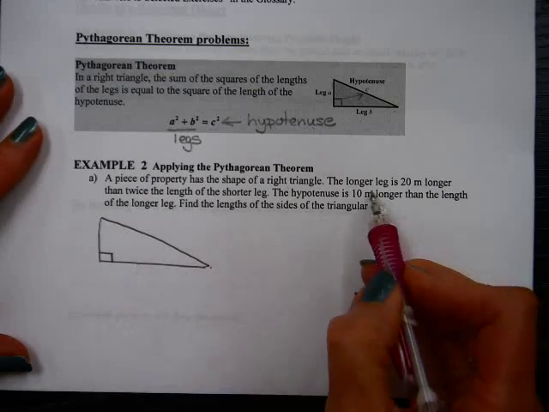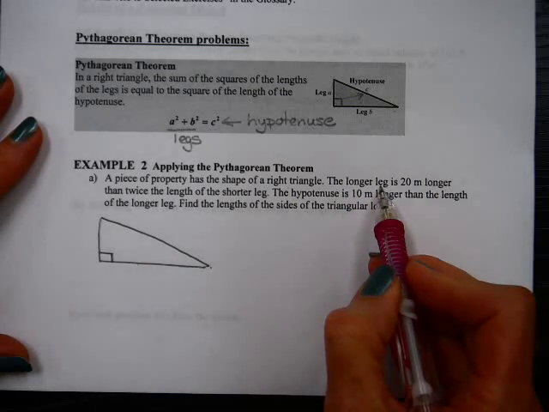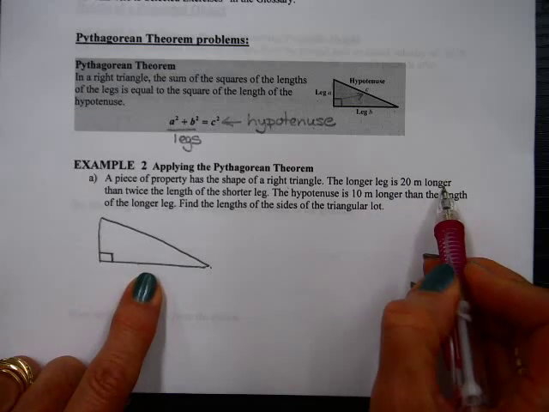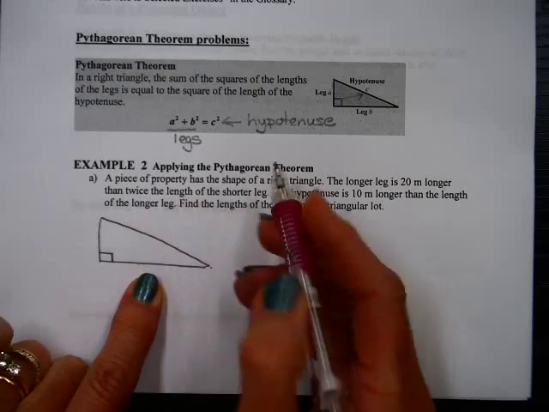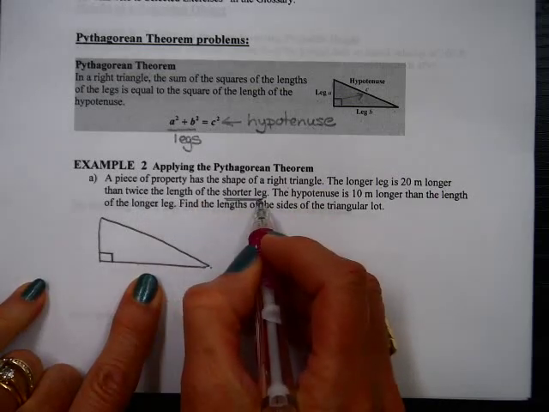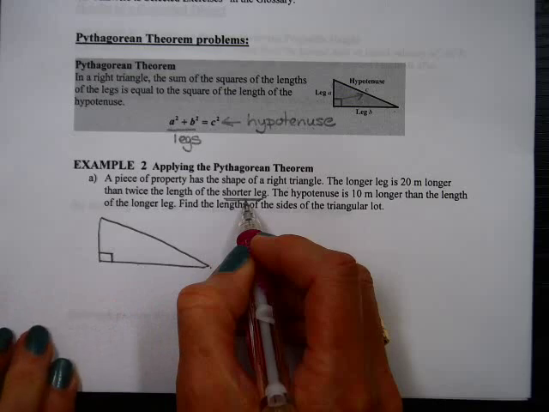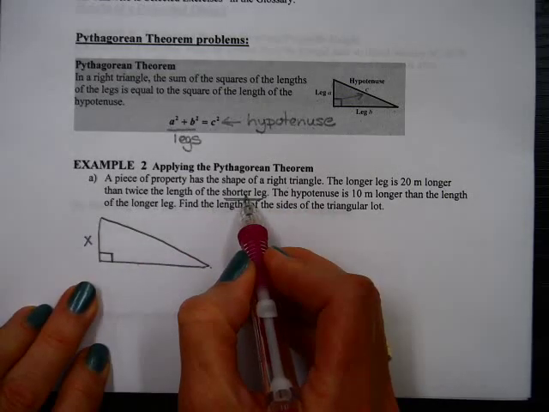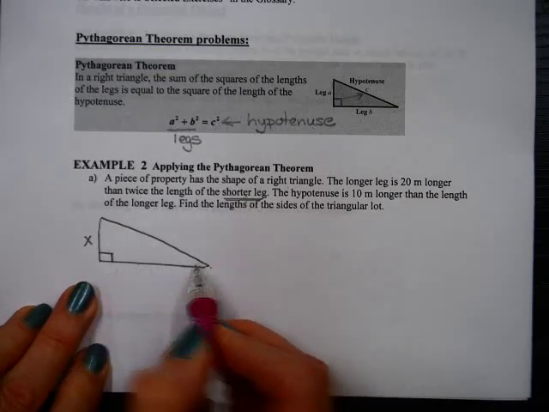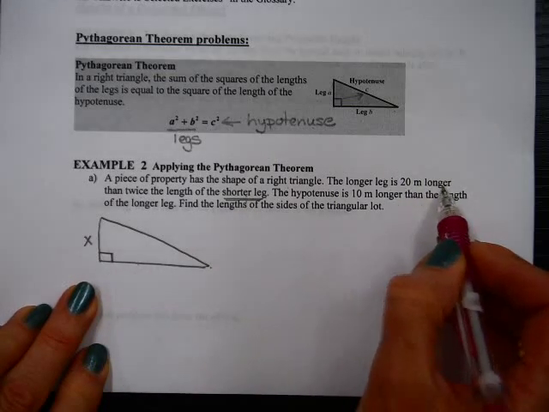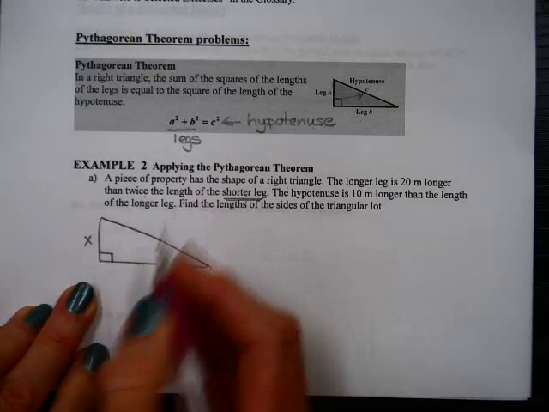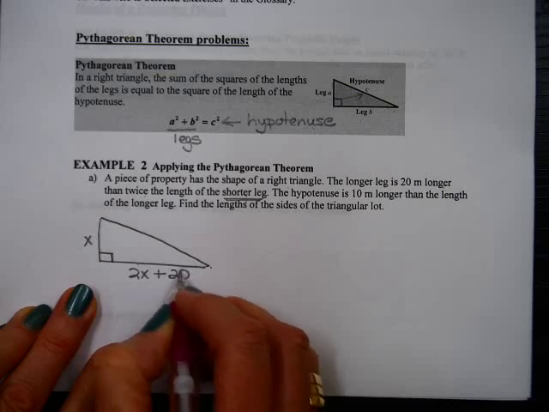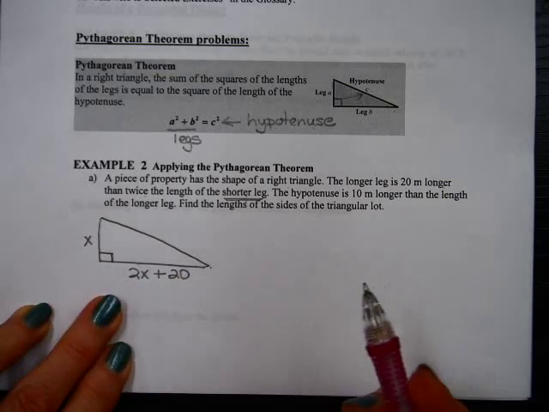So let's look at what we've got. The longer leg, that would be this one, is 20 meters longer than twice the length of the short leg. We don't know what that short leg is, so let's call that one x. Now this leg is 20 meters longer than twice this, so twice x plus 20. And that's our long leg.